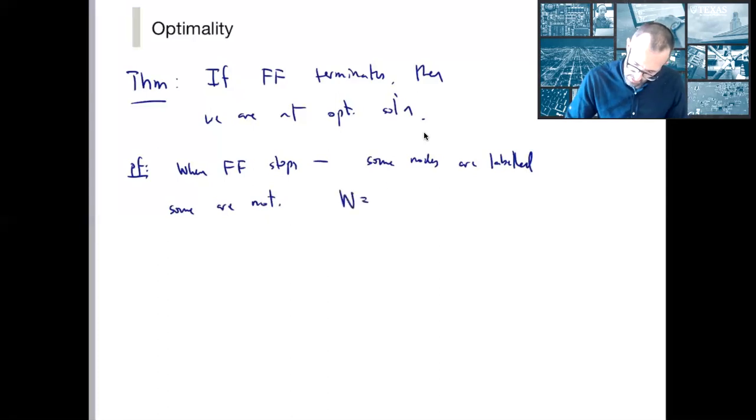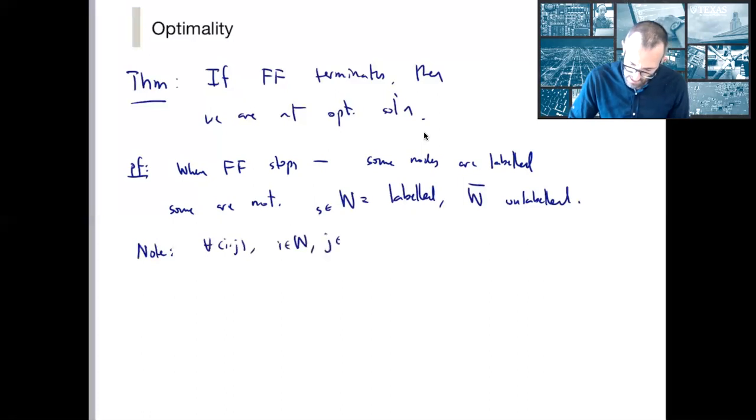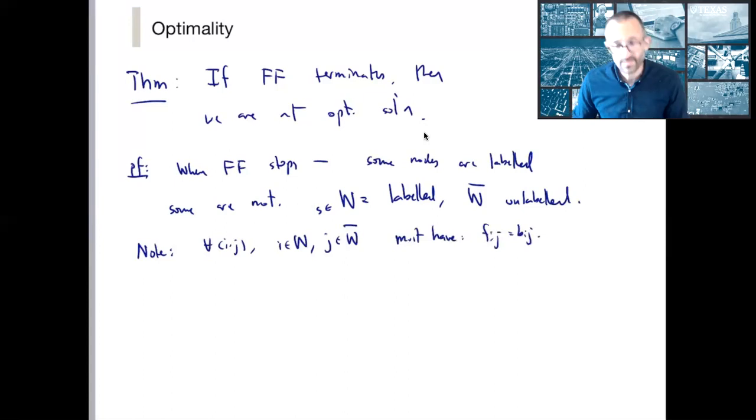So let's call W the labeled nodes, and certainly S is in those, and W bar is unlabeled. And note that for any ij, if i is in W and j is in W bar, we must have Fij equals Bij.